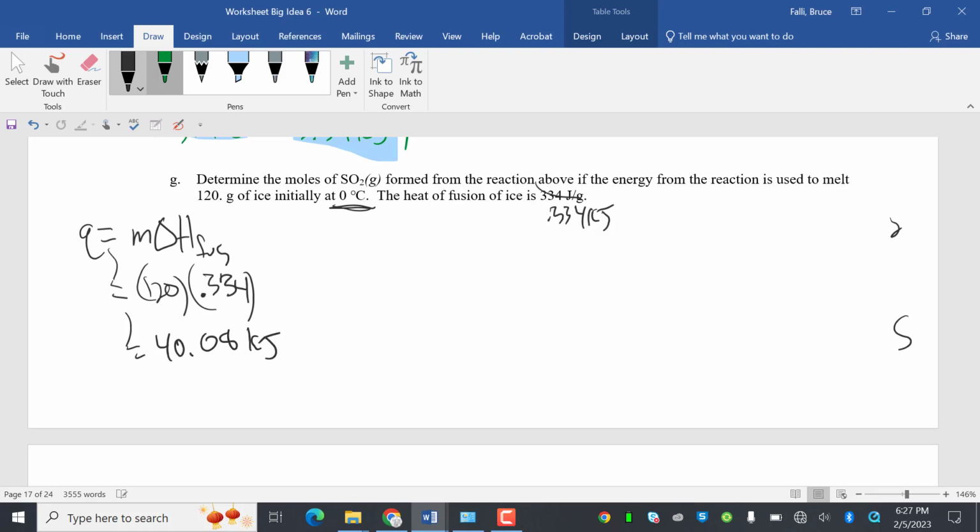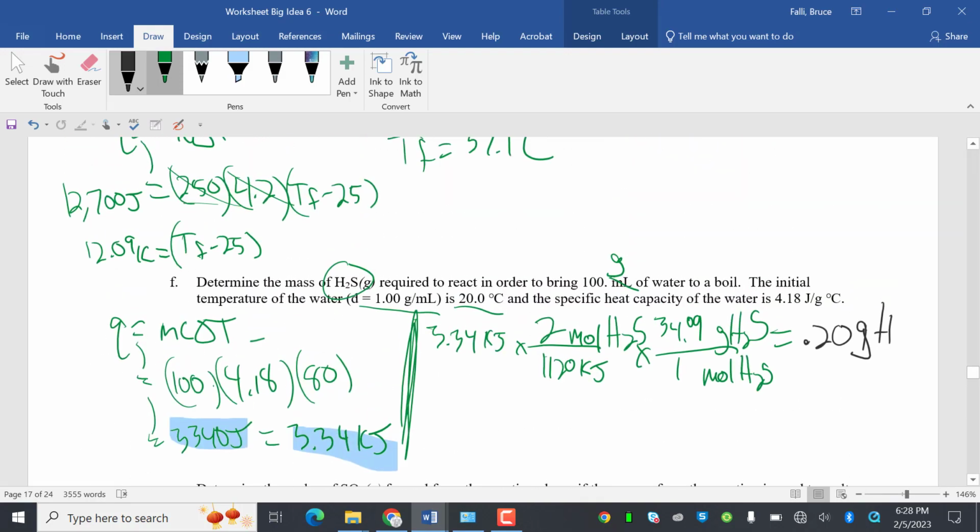Moles of SO2 formed. So now I'm going to start with 40.08 kilojoules times moles of SO2 over 1120 kilojoules. So I have to find the coefficient for SO2.